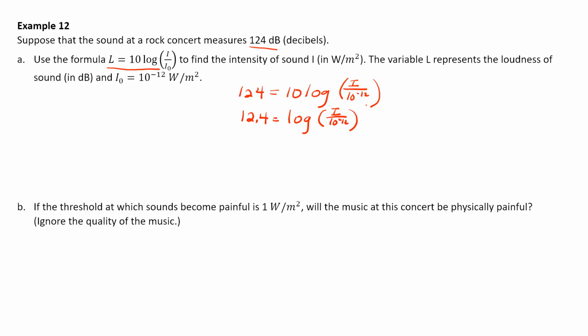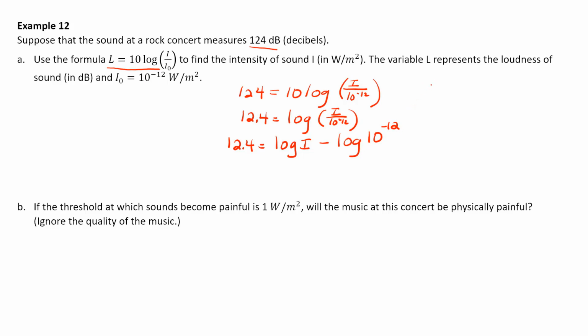And then we can use the quotient rule for logs to rewrite the right side. So we'll have 12.4 equals log of I minus log of 10 to the negative 12. Log of 10 to the negative 12 is log base 10 of 10 to the negative 12, and that just means what exponent do you put on 10 to get 10 to the negative 12, and that's negative 12.